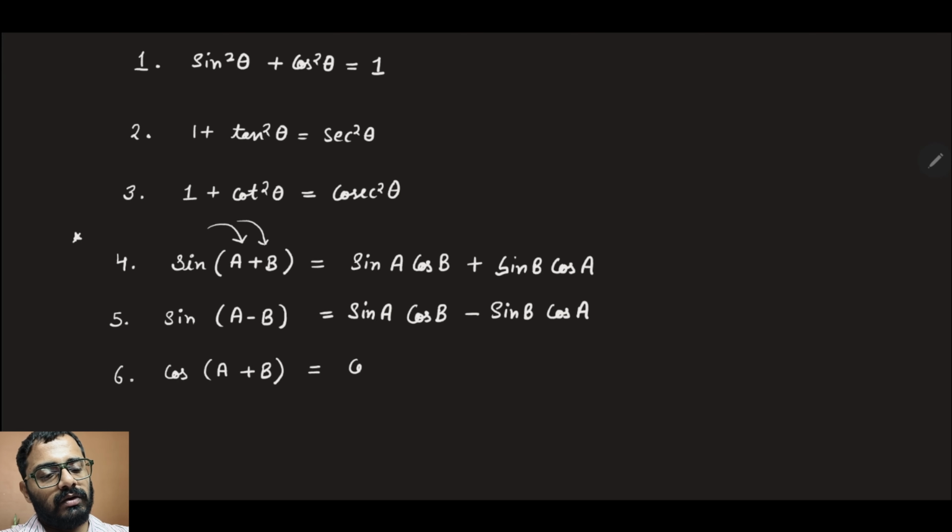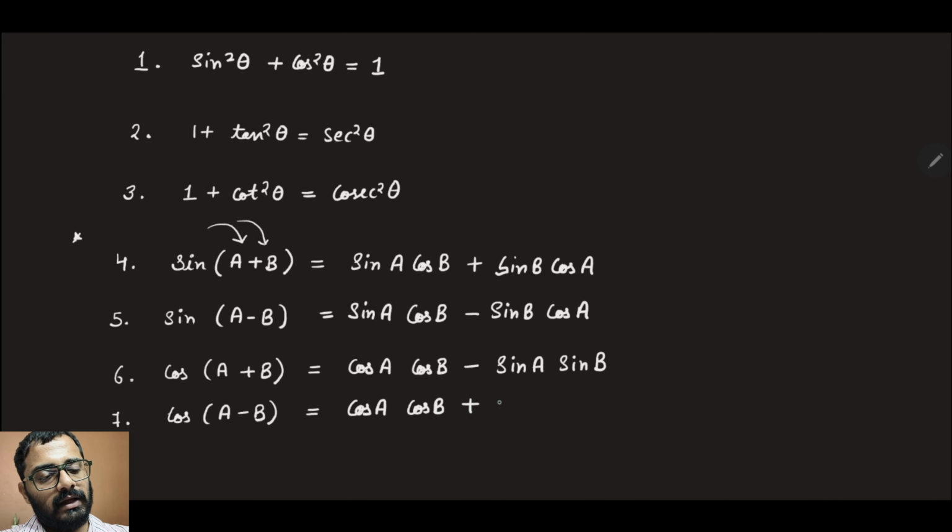This is going to become cos A cos B minus sin A sin B. Next identity, cos A minus B. If this is the expansion you have to do, it is going to be cos A cos B, here it will be a plus symbol now, sin A sin B. So these new identities you must remember, they are useful. And the other three are definitely useful because they are from the previous classes also.